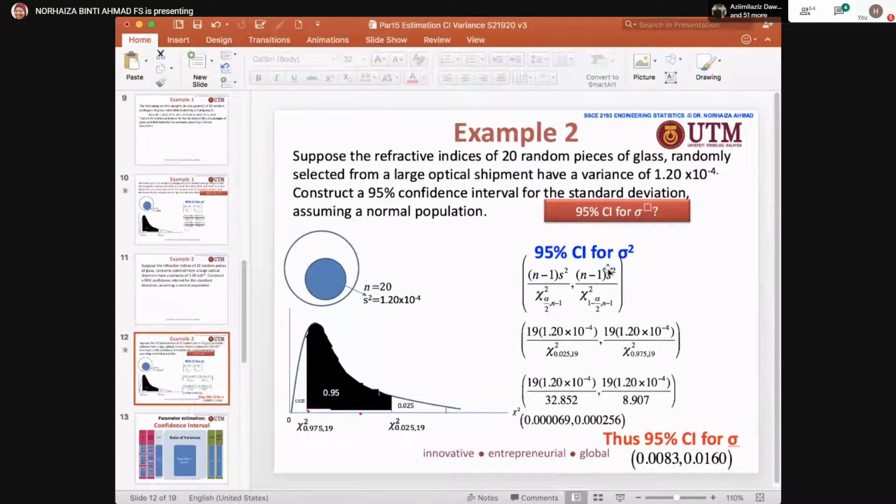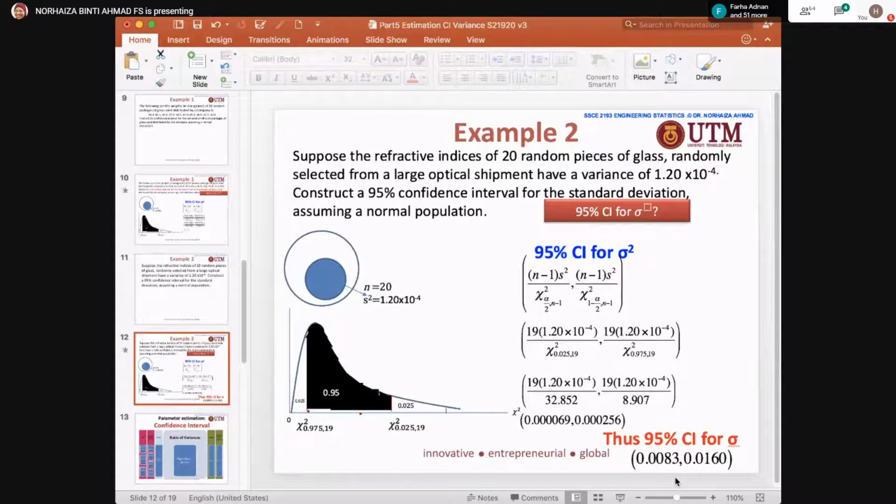But I would suggest, when you want to change that to sigma, do it at the end of your solution. So here, this is the formula for the 95% confidence interval for sigma squared. You do all the calculation as you did in the previous example, and you get this value. Therefore, the 95% confidence interval for sigma is just the square root of each of the limits.